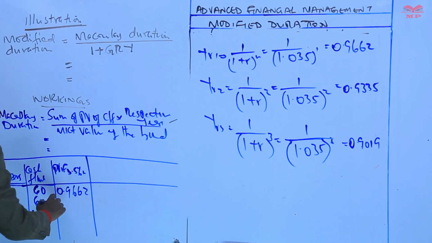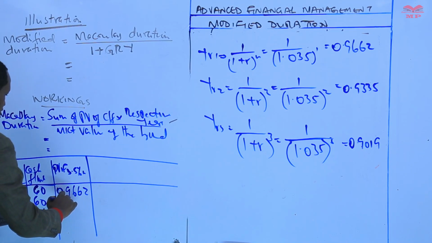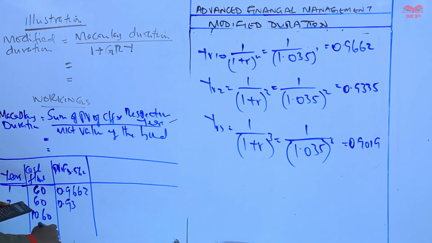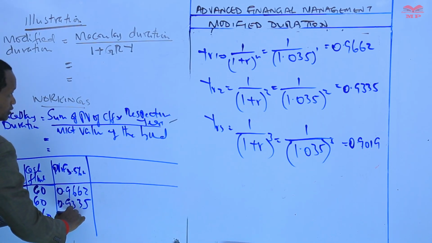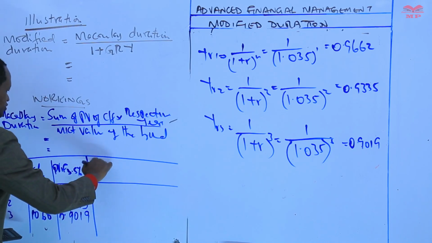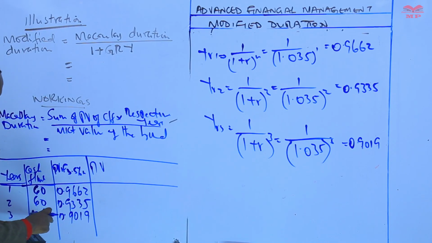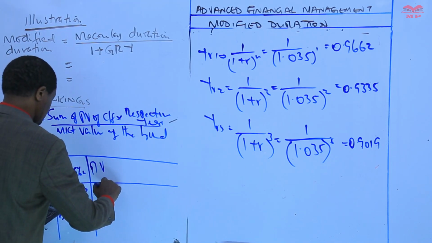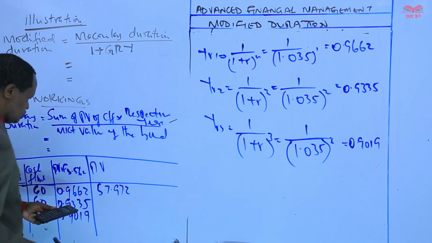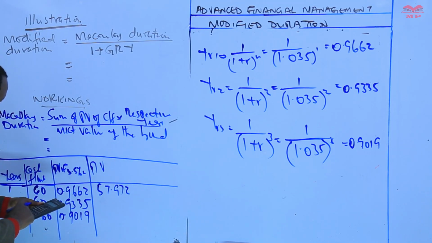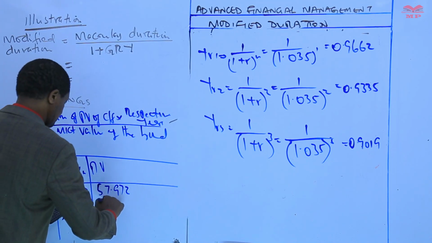Present value interest factors: 0.9662, year 2, 0.9335, then lastly 0.9019. So what are the present values? We discount these cash flows: 60 times 0.9662 is 57.972. 60 times 0.9335 is 56.01.